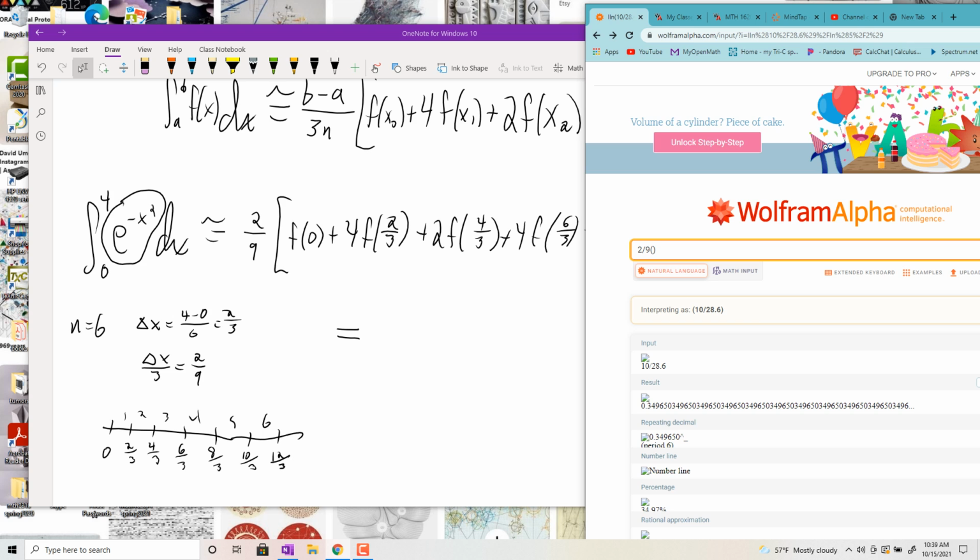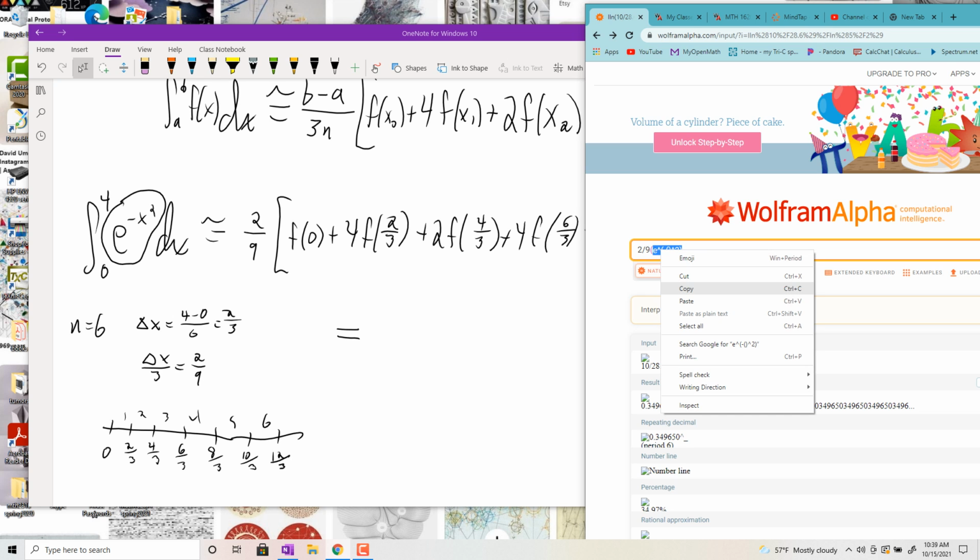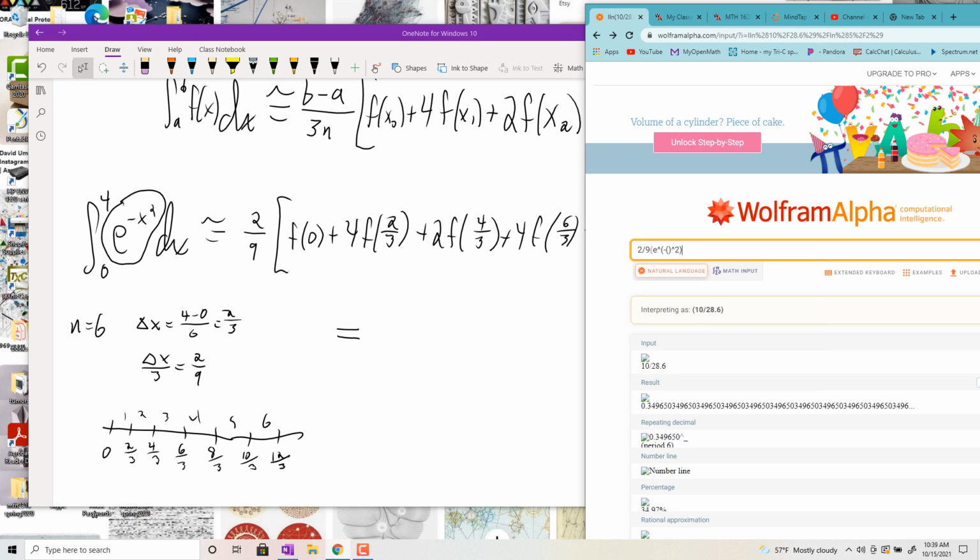Each term will be e to the negative something squared, right? And then, okay, so I'm going to copy that. Plus 4, plus 2, plus 4, plus 2, plus 4.